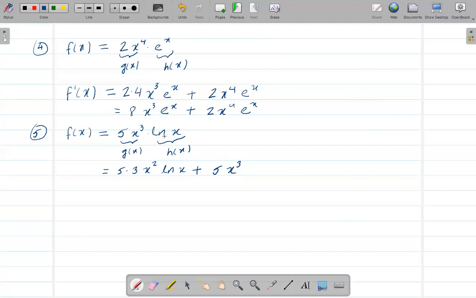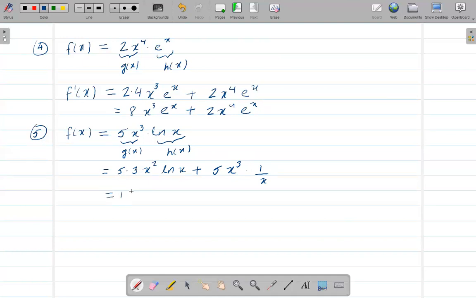And the derivative of natural log of x is, if you go back to yesterday's lecture 3.2, the derivative of natural log of x is 1 over x, right? So after this, it looks like I can just multiply these two, right?